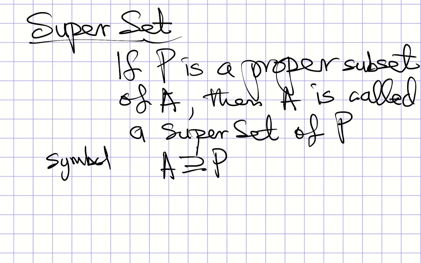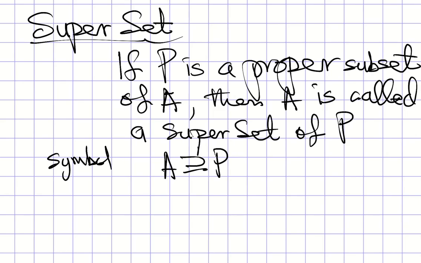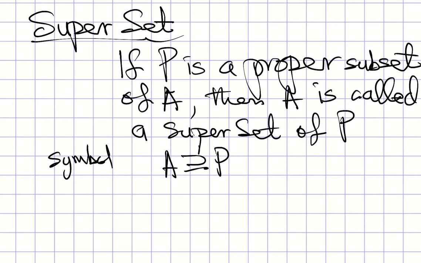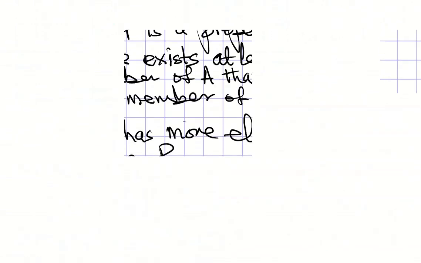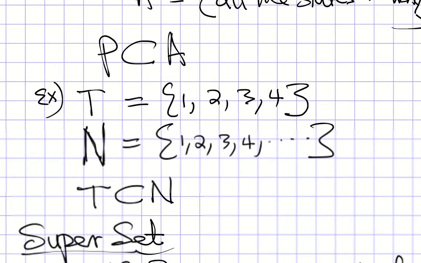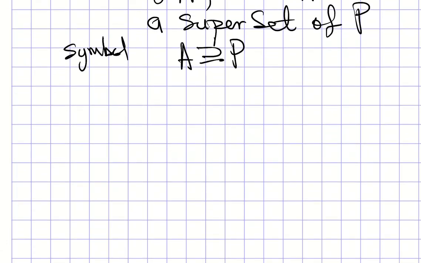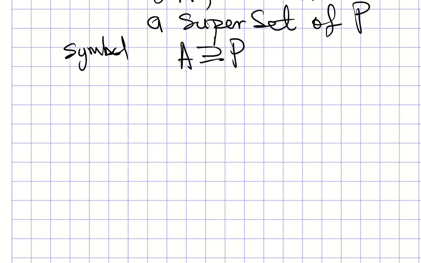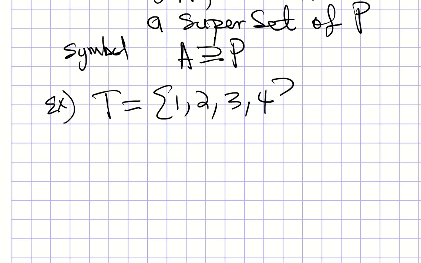You see, this is an inversion of proper subset. Remember? It's a little bit confusing. Actually, they added more stuff to it. It's just a little confusing. But it's okay, just read that. Let me give you an example. The set we described before, we described this set T equals 1, 2, 3, 4, right?